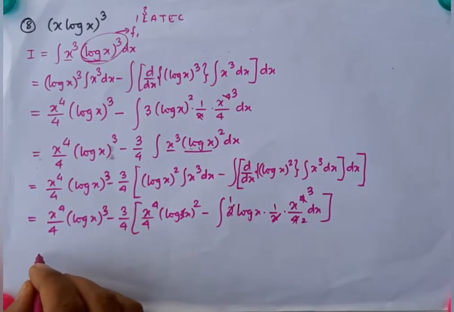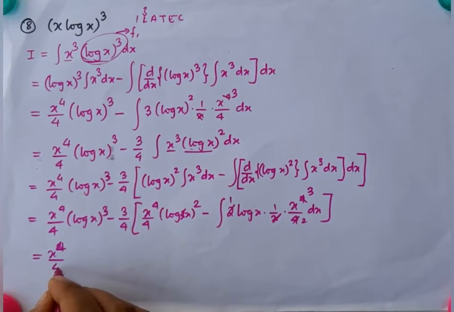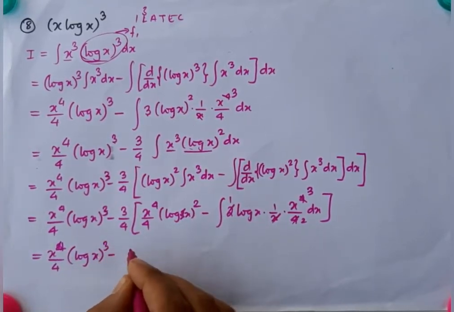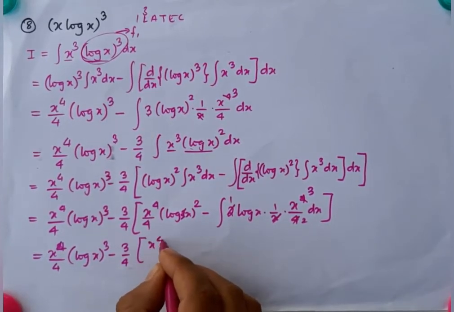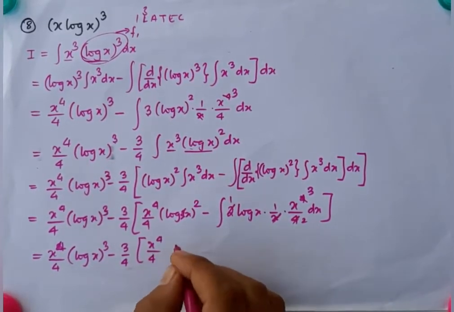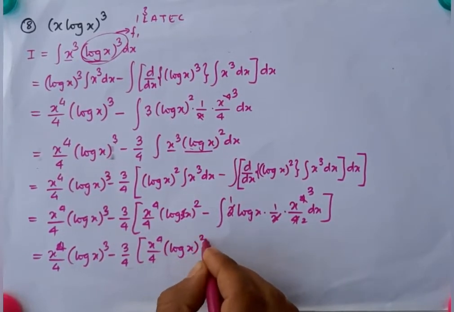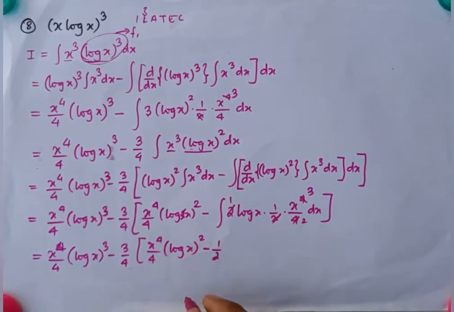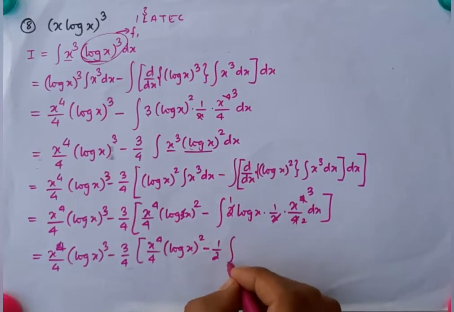So you will get from here x to the power 4 by 4 log x cube minus 3 by 4. So we have x to the power 4 by 4 log x square. Okay, so here you see that 1 by 2 is a constant, so can be kept outside integral sign. So what do we have now?